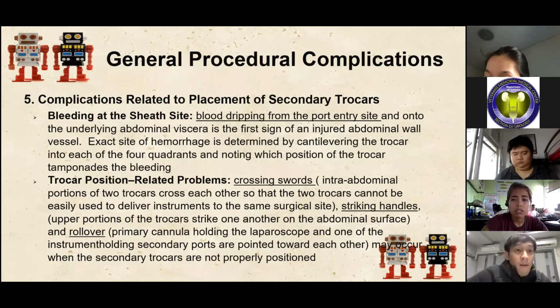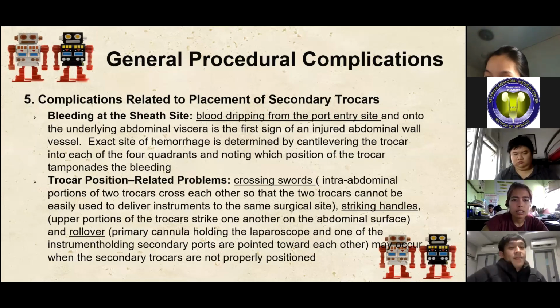In crossing swords, the intra-abdominal portions of two trocars cross each other so that the two trocars cannot be easily used to deliver instruments to the same surgical site. For the striking handles, upper portions of the trocars strike one another on the abdominal surface.